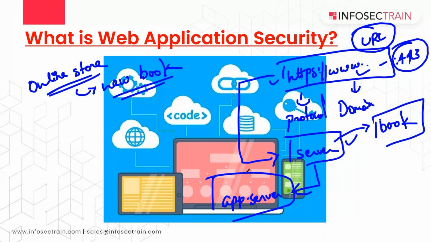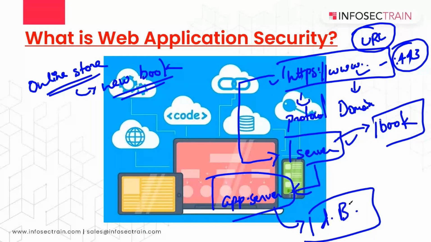So for that, it will be processing this request, performing some logic inside this, and also interacting in the background with the database. Then it will be generating that content, and once it has generated that content, it will be sending it back to this web server over here.